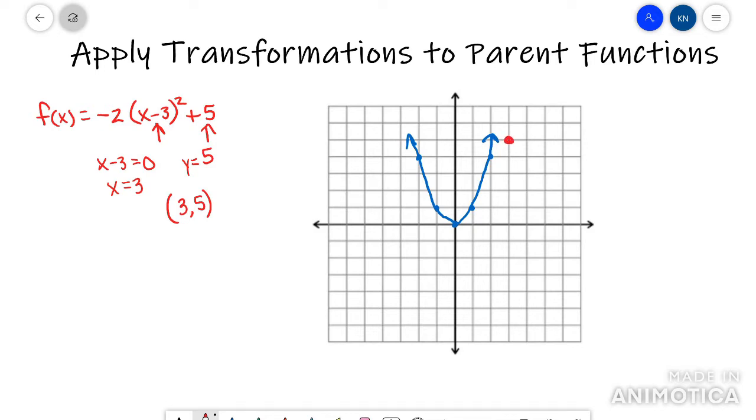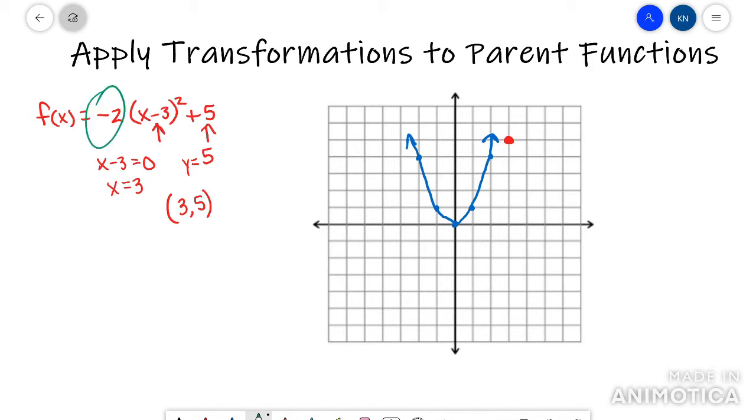All right. Now, this 2 in front means this graph was vertically stretched by a factor of 2. On my original, I went over 1, up 1 to get to my next coordinate. Now instead it's going to be over 1, up 2.